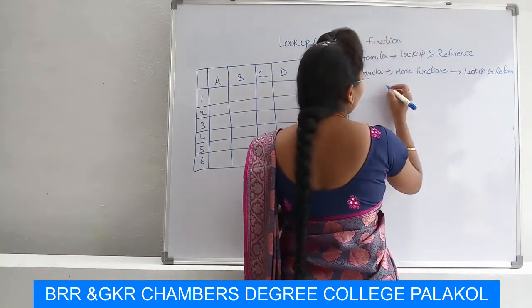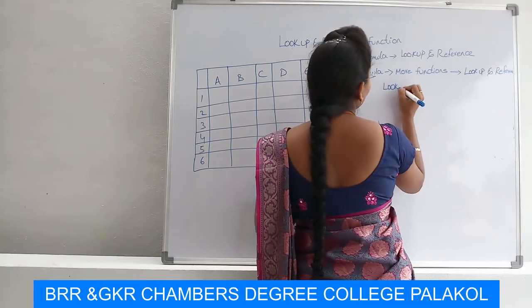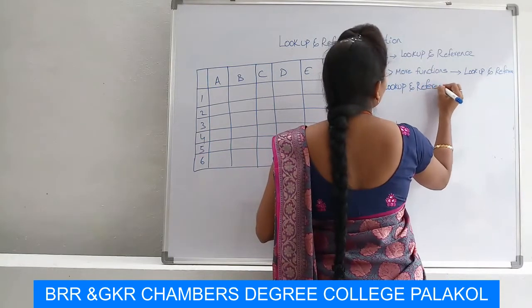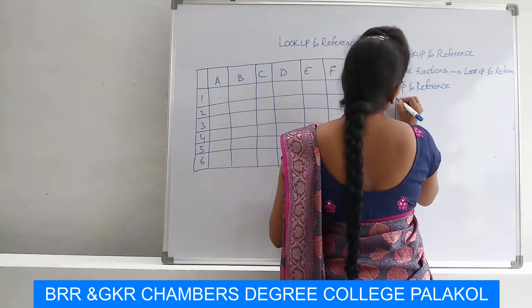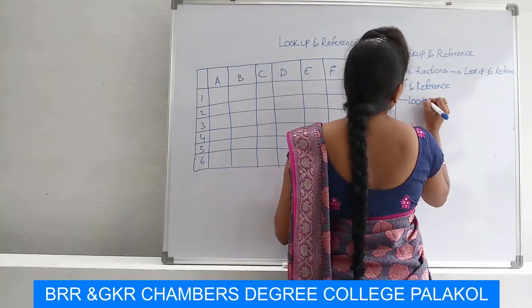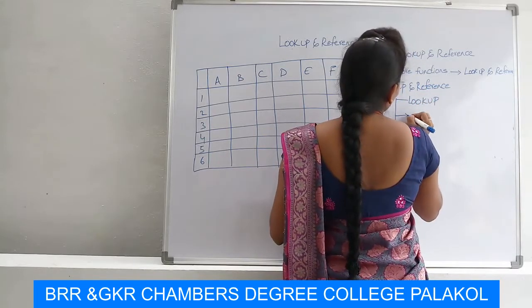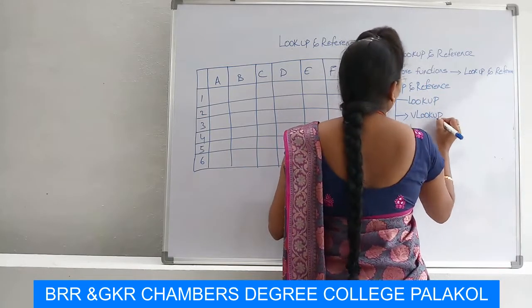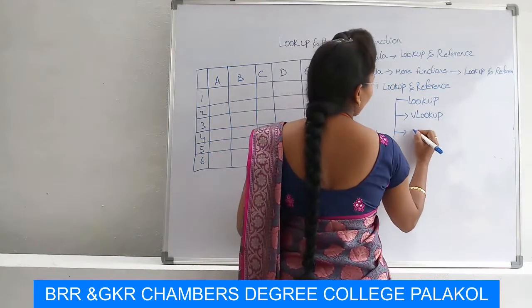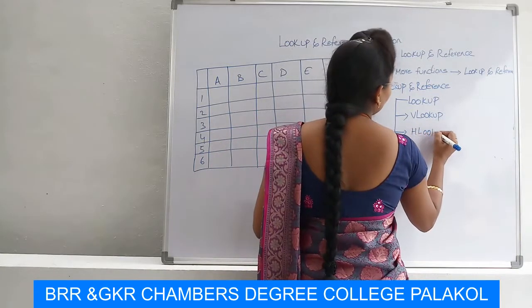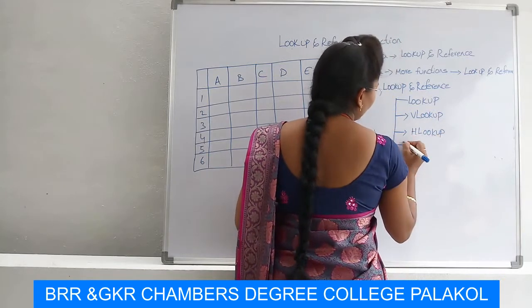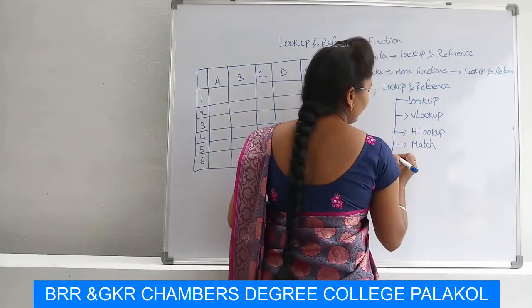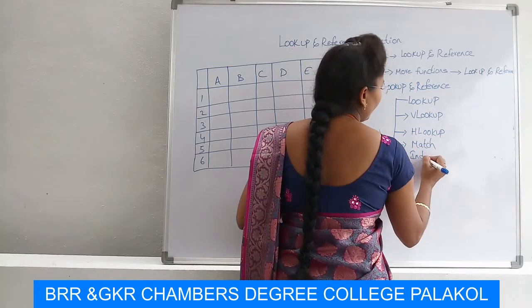The first one is lookup, second one is VLOOKUP, third one is HLOOKUP, fourth one is match, and the fifth one is index.